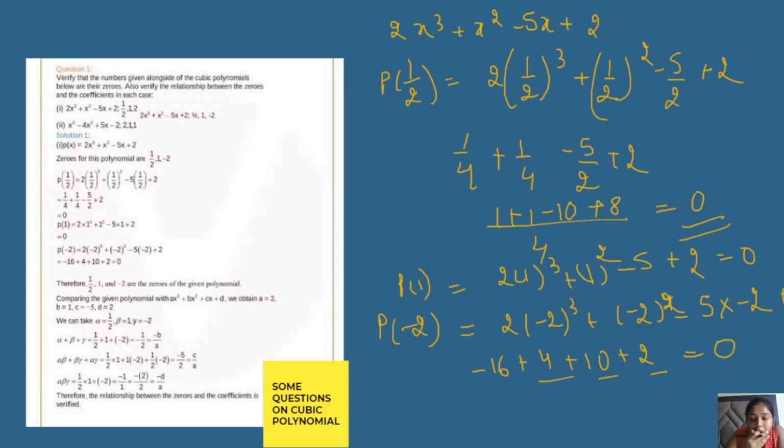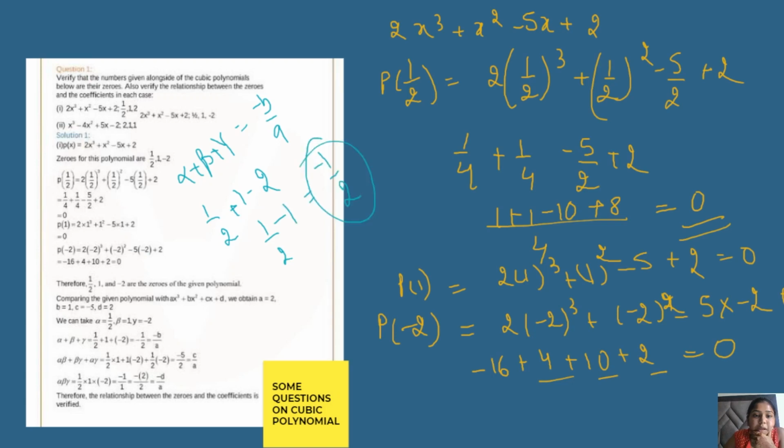Now you have to just verify the relationship. So let's verify this. We have the zeros of the polynomial. We know that the sum of the zeros is equal to minus b by a, right? The sum is basically 1 by 2 plus 1 minus 2, so this will be 1 by 2 minus 1, which is minus 1 by 2.